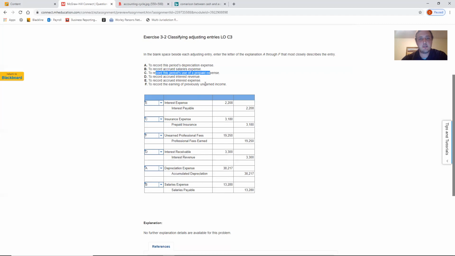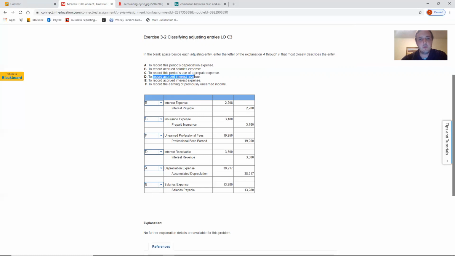Prepaid expense, so we're looking for prepaid expense. Prepaid insurance, okay, so increasing the expense, decreasing the insurance, let's see.